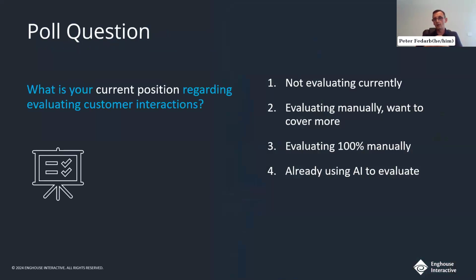So we're going to go to a poll question now, if Fran could launch the poll for us all. What we're really interested in is where everybody is today. Do you currently do evaluation? Are you not evaluating at all? Are you doing some that's manual and you want to cover more? Are you doing something that's 100% manual?